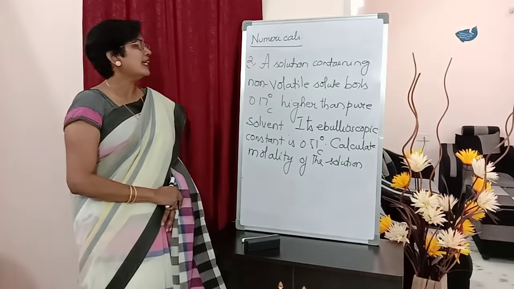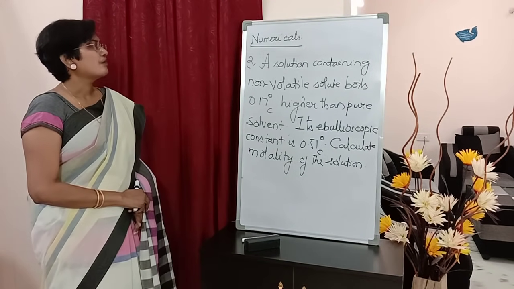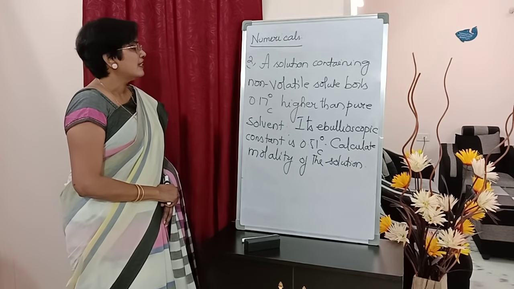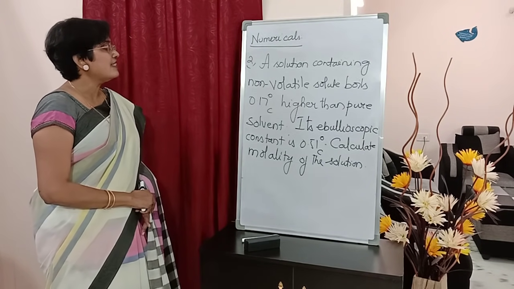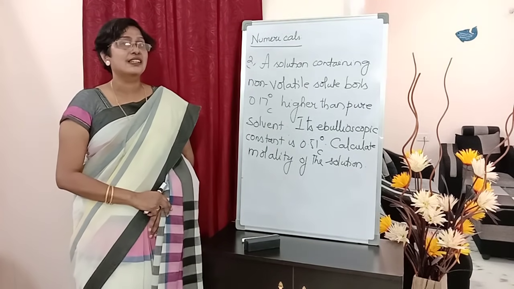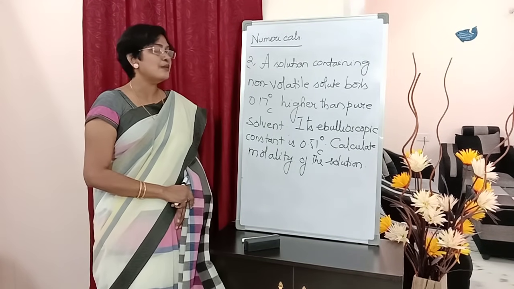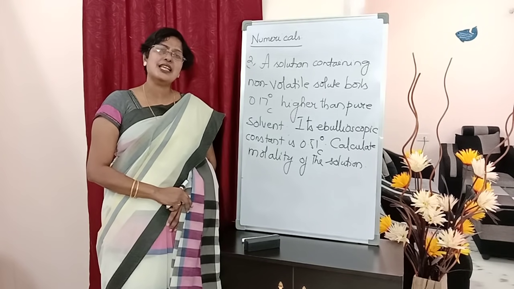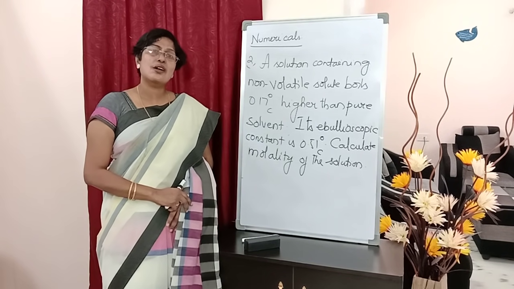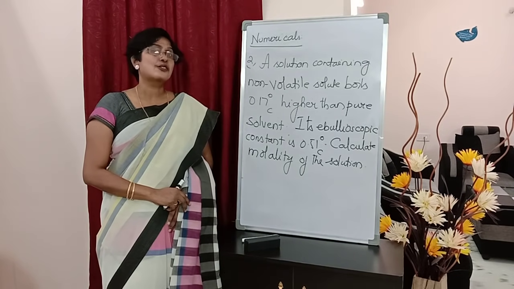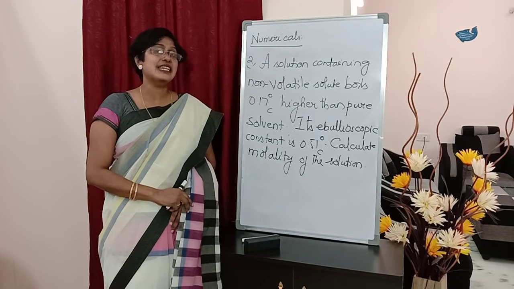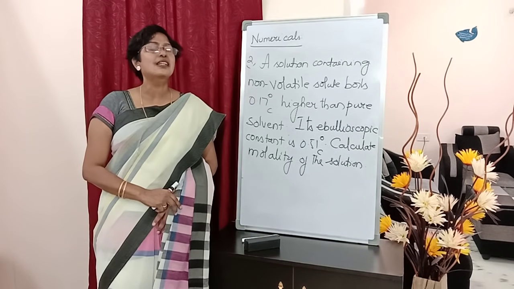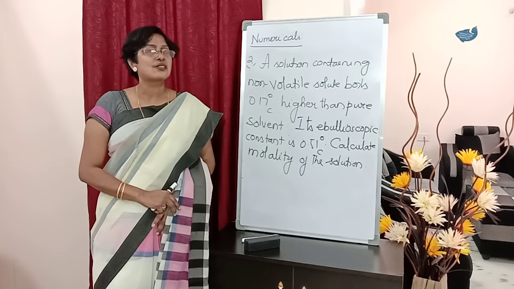So look at the first sentence. A solution containing non-volatile solute boils 0.17 degrees centigrade higher than pure solvent. So what is this 0.17 degrees centigrade? It is not the boiling point of the solution, students. It is the difference between boiling point of the solution and boiling point of the solvent.